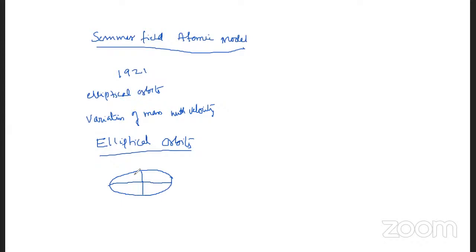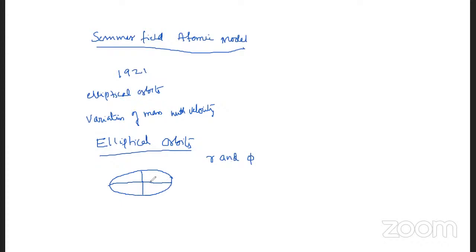In the elliptical orbit, the position of the electron at any time may be fixed by two coordinates, r and phi.